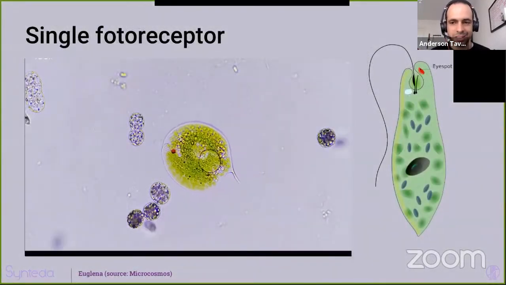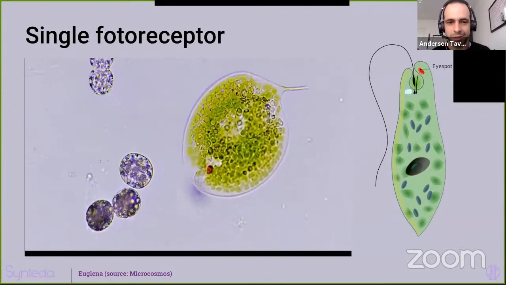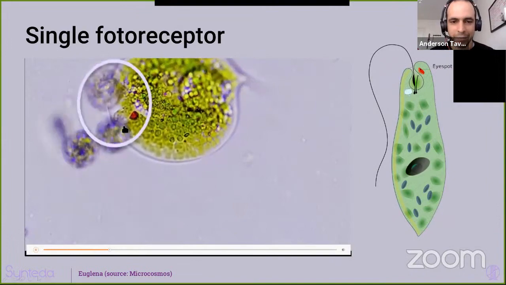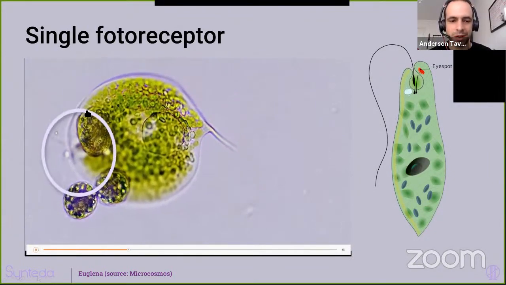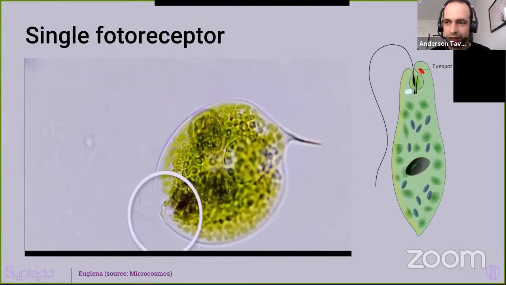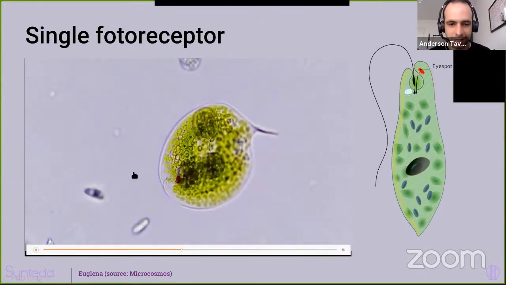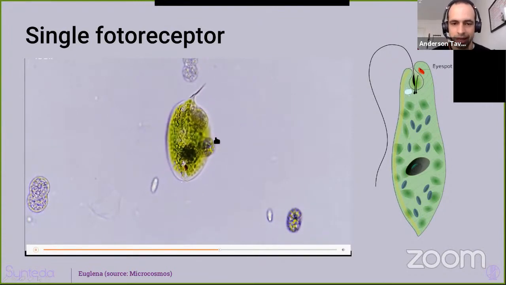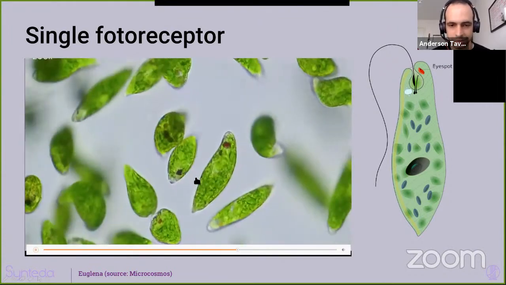And now let's start with just a single photoreceptor. There is this animal called euglena, which has a single eye spot here, which helps the euglena to move.